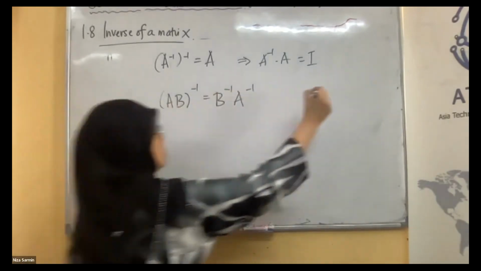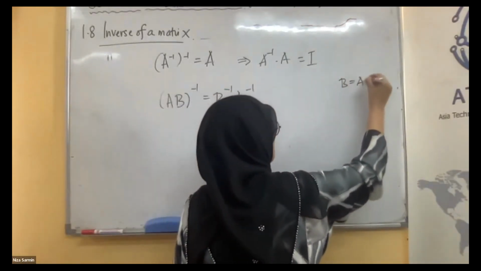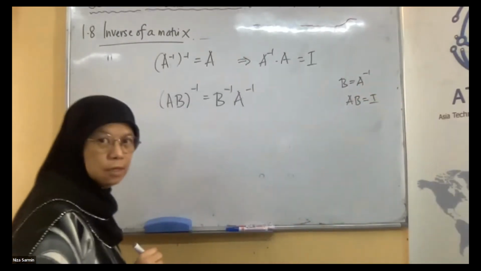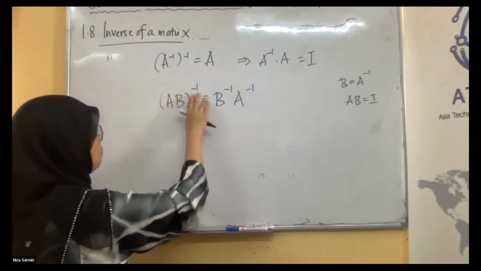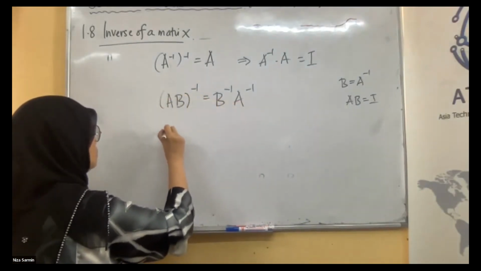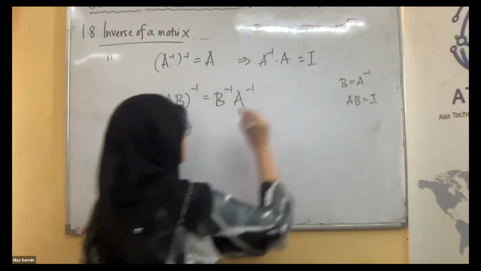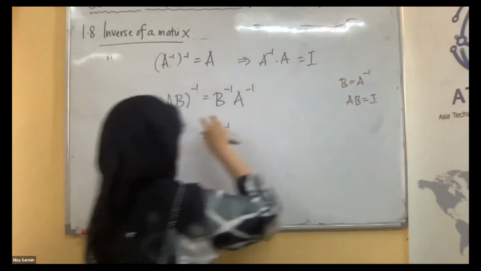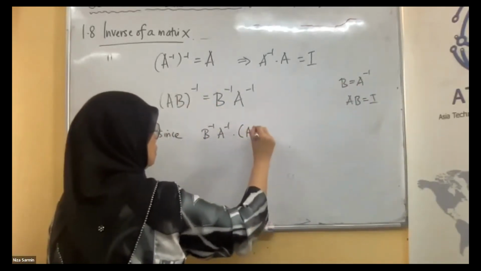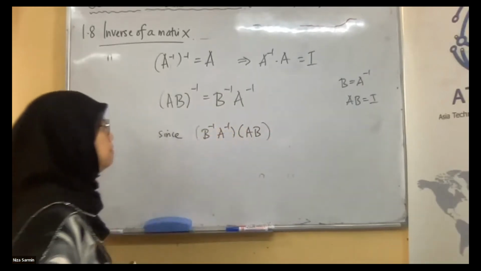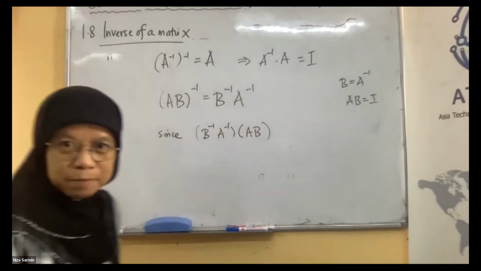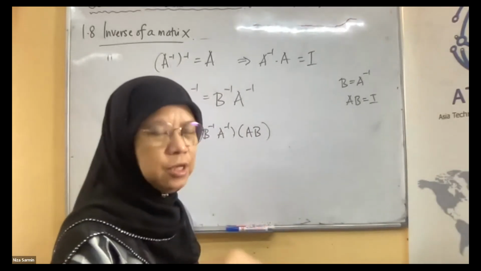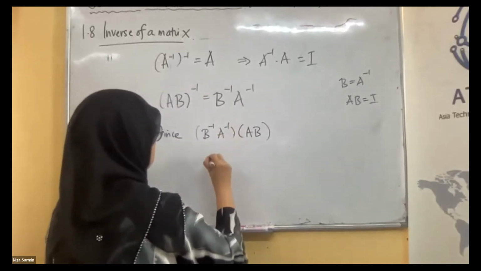So remember when I said B is A inverse, we want to multiply AB or BA to get I. So we take B inverse A inverse, and then you want to multiply by AB inside. How do you multiply this? Associativity, you can change the parentheses. You can do it like this.